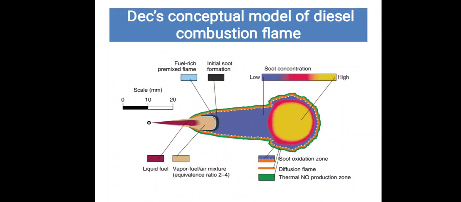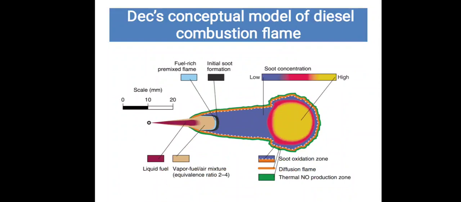At the start of the plume is a cold liquid fuel jet into which hot air is entrained. This hot air evaporates the liquid fuel towards the end of the liquid length to form a rich vapor fuel air mixture that surrounds the tip of the liquid jet.